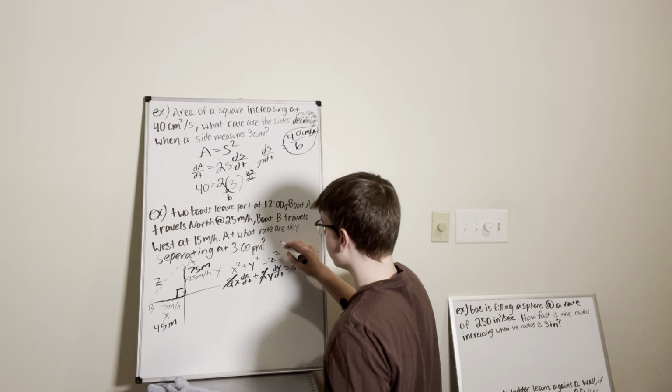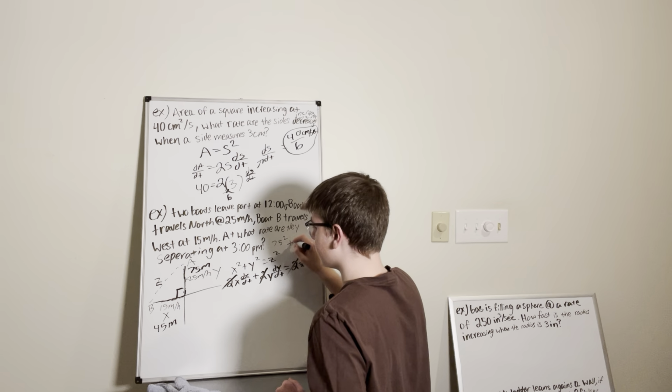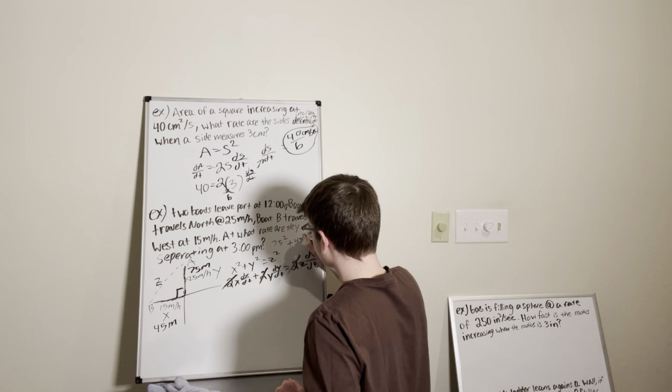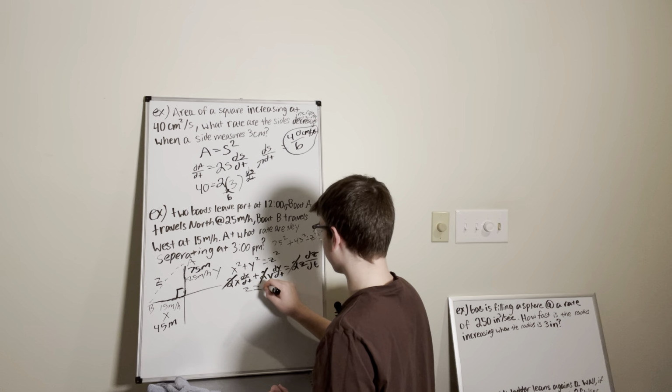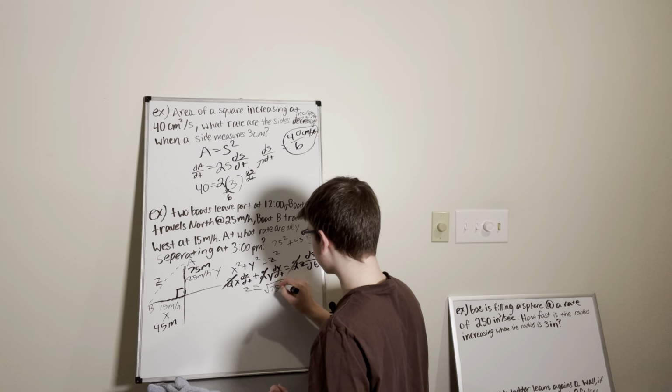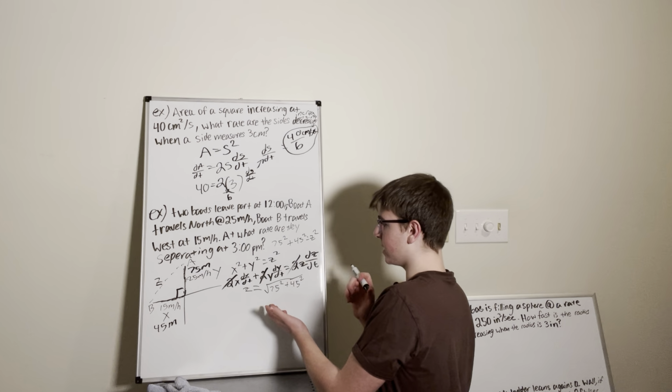So this will be 75 squared, I put it in order, that's y squared, plus 45 squared equals z squared. And I'm not going to simplify that. I'm just going to say z equals the root of 75 squared plus 45 squared. All right, so that is our z value.